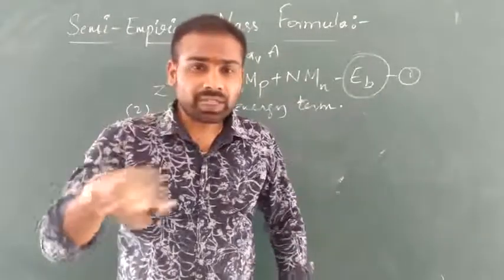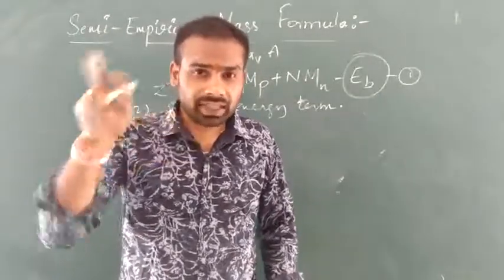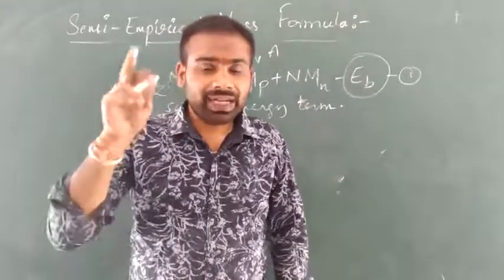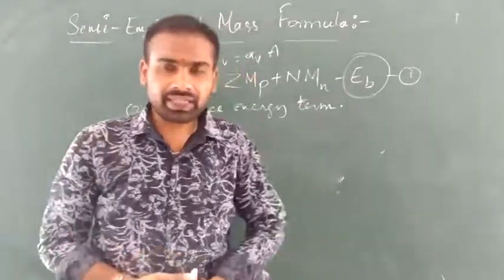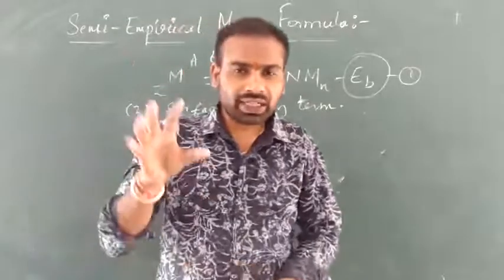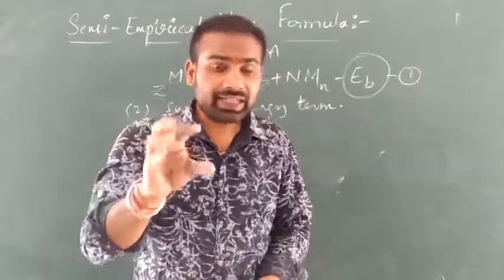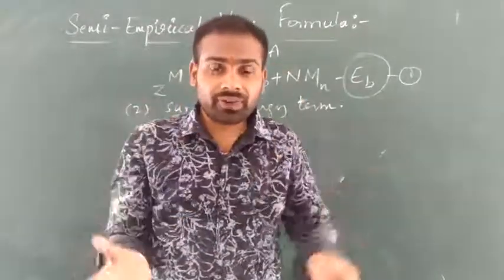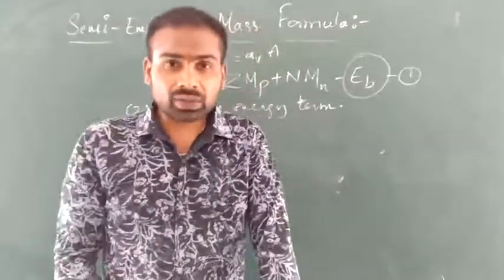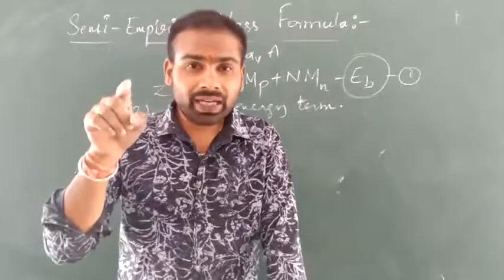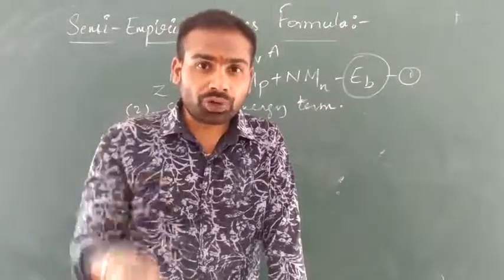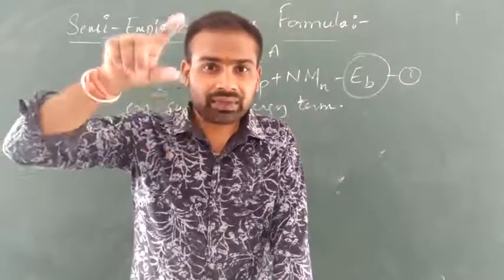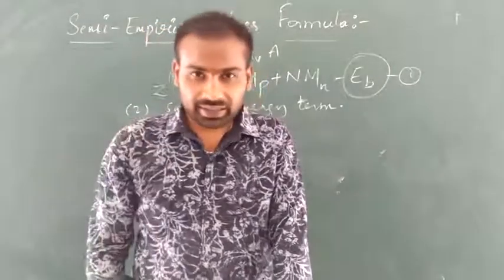Hence, due to the number of nucleons present on the surface, the binding energy will decrease, isn't it? The nucleons present inside the nucleus will increase the binding energy. The nucleons present on the surface will decrease the binding energy. So the surface energy term gives a negative contribution. How many nucleons are present on the surface decreases the binding energy, isn't it?